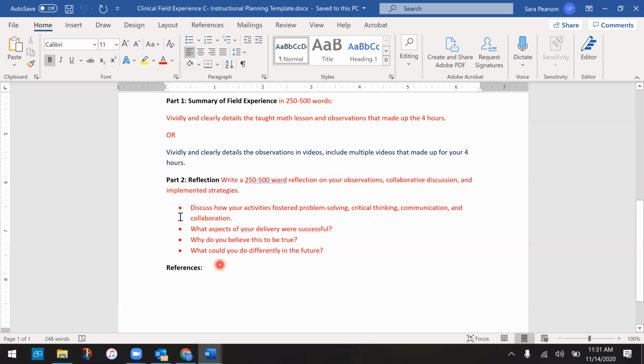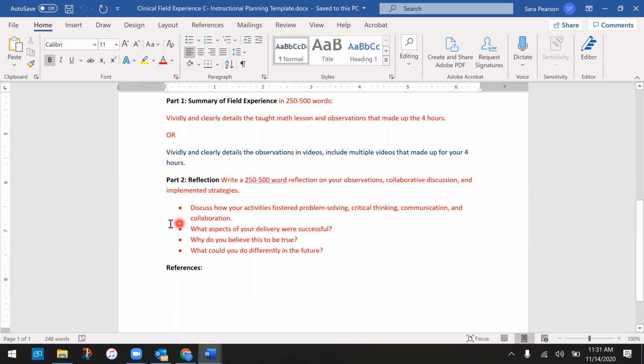Make sure when you're summarizing those field experiences, you explicitly tell me which strategies you did. So, for example, I had students use a Frayer model to go over the word sum. They wrote examples and non examples, and they defined the word sum. That way I can vividly see what those strategies were.